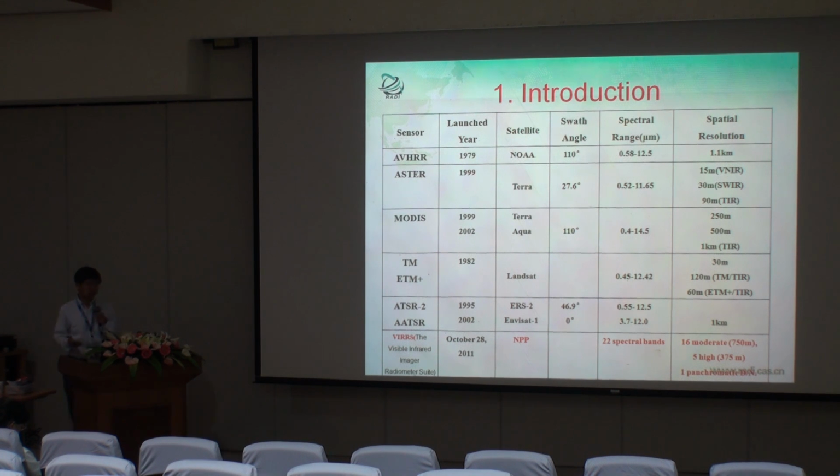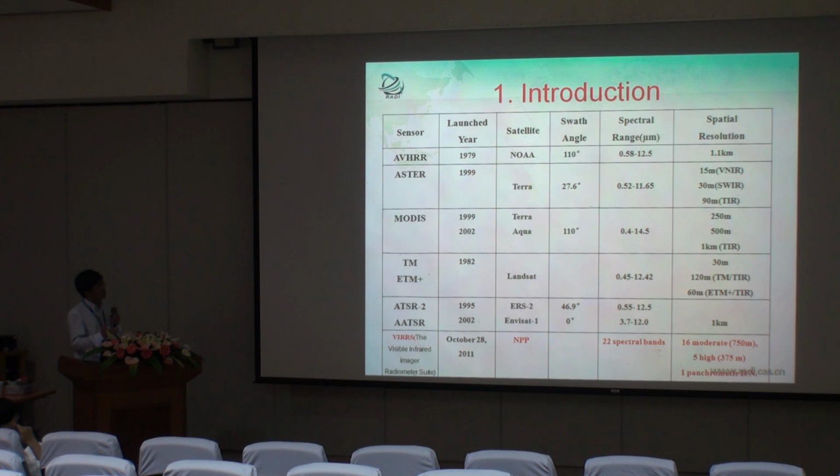And the Landsat TM and ETM+ are also very important thermal-infrared cameras, including only one channel TIR band. It means we have to use the single channel to retrieve the land surface temperature. And the ATSR and the AATSR are also very important thermal-infrared cameras.